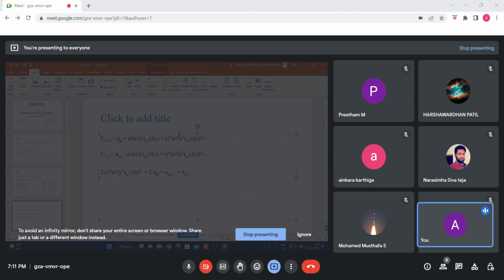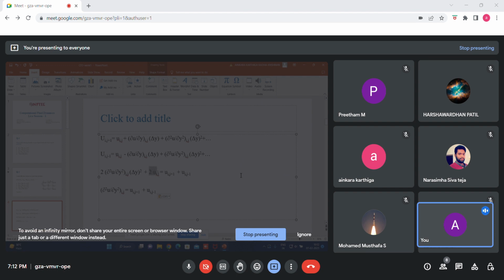So when we add these two equations, we'll get this form. The approximation error will be there, but we are neglecting it for the time being. And to get the ∂²u/∂y² alone, we'll be getting this, which will be equal to all these: u(i+1,j) plus u(i-1,j).